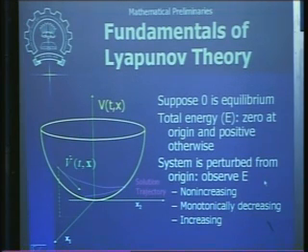Depending upon these three possibilities for this function, you can have different conclusions about the stability of the system. We will see this again in tomorrow's class, but we will stop here right now.